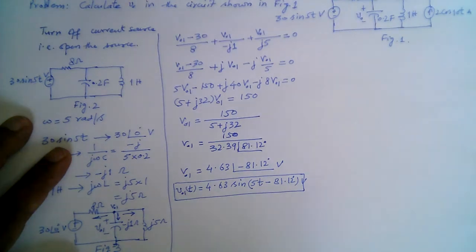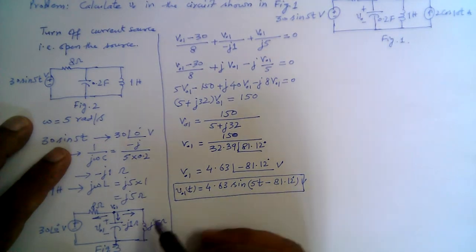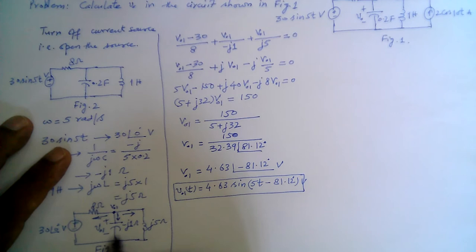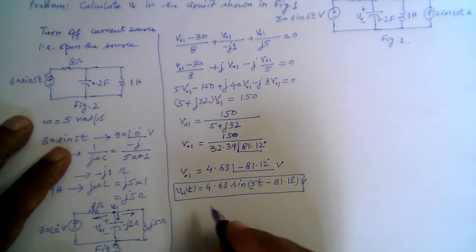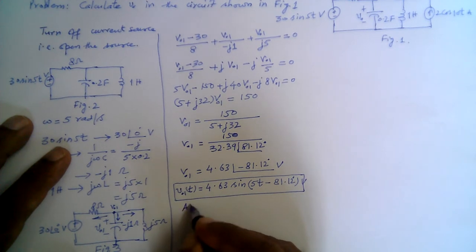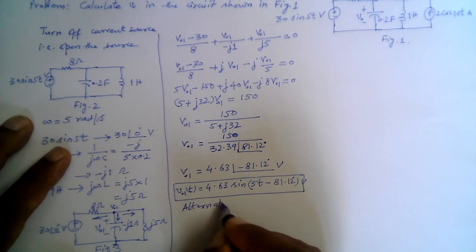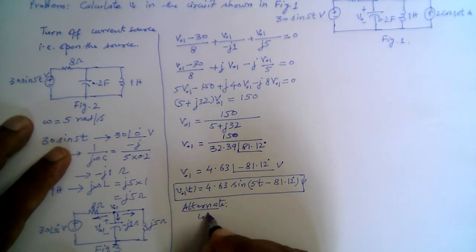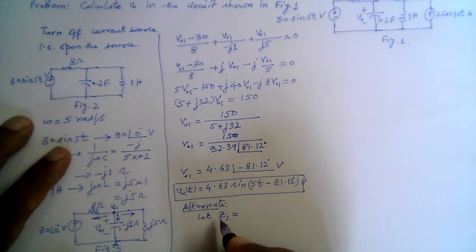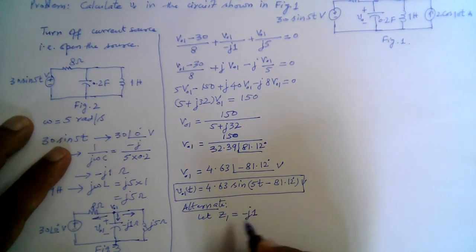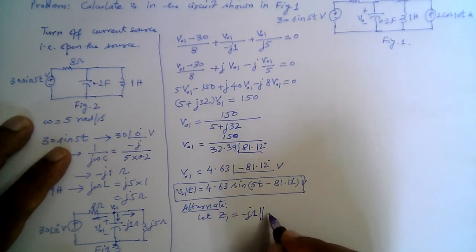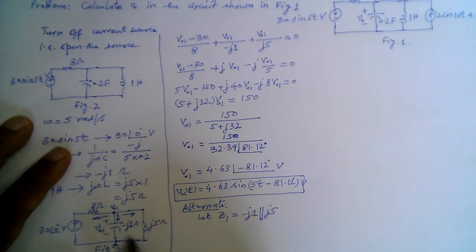As I told you earlier, we could have actually found the equivalent parallel impedance here, and then used the voltage divider rule to find the voltage V01. So let's try that method also. For example, let Z1 denote the minus J1 in parallel with J5, this parallel impedance, right?